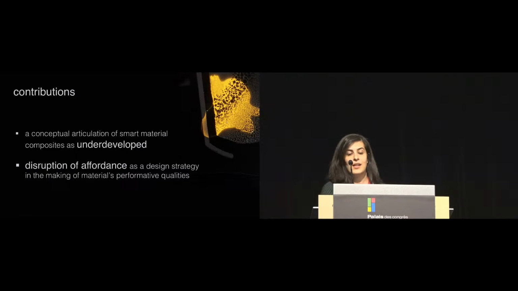Today's presentation is organized around the two main contributions discussed in our paper, namely a conceptual articulation of the smart materials as underdeveloped composites, and disruption of affordances as a design strategy in the making of materials' performative qualities. I will show our design explorations with electroluminescent materials to give you an illustration of the results of the theoretical and methodological contribution.